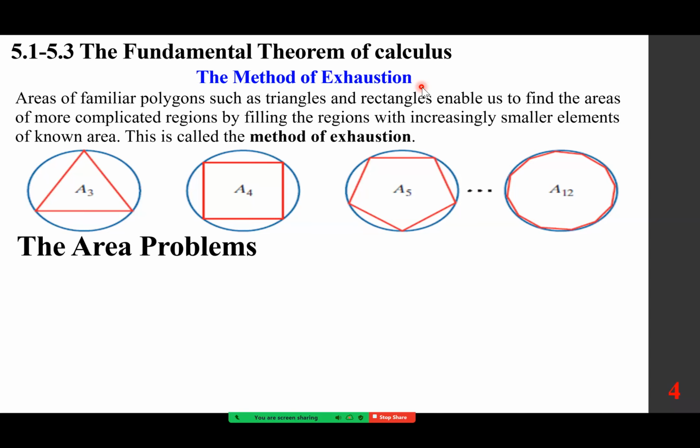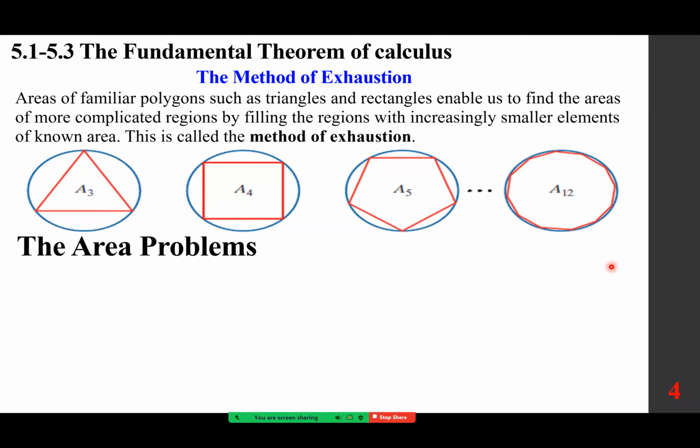For example, we know the area of a circle is pi r squared, but they didn't know that, so a polygon was inscribed: 3 sides, 4 sides, 5 sides, and we would add. As you can see, as we add to the number of sides, the area of the polygon gets closer and closer to the area of the circle. And that's how they did that.